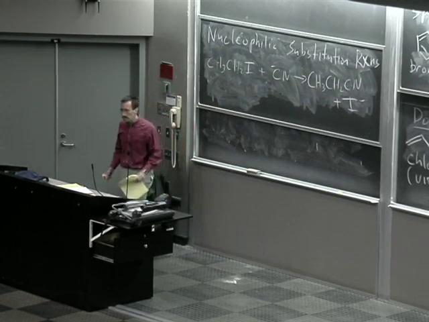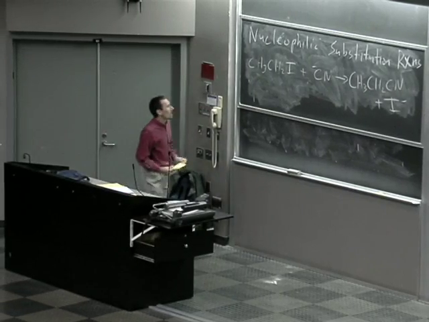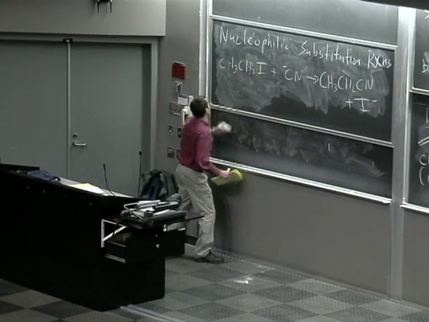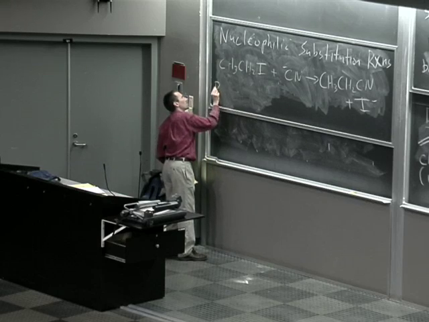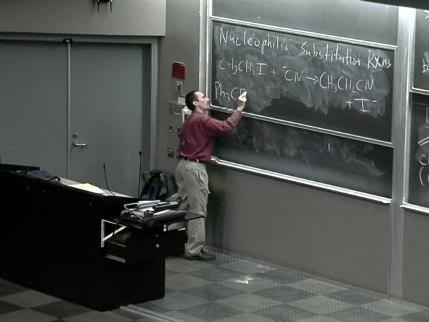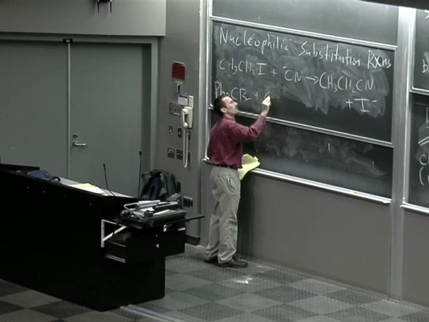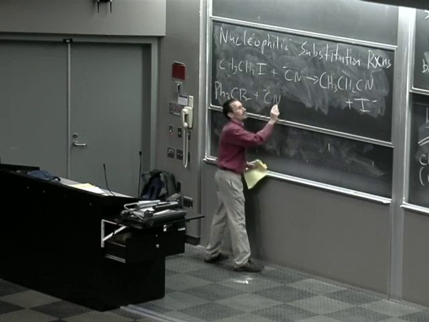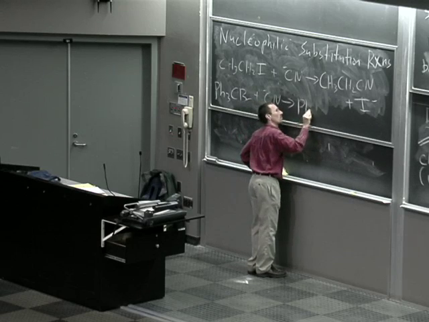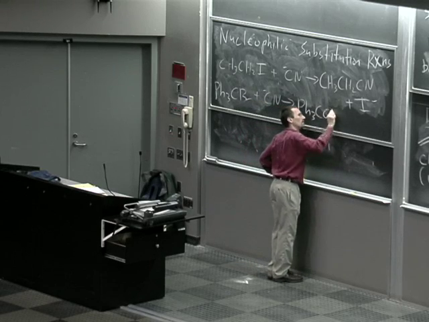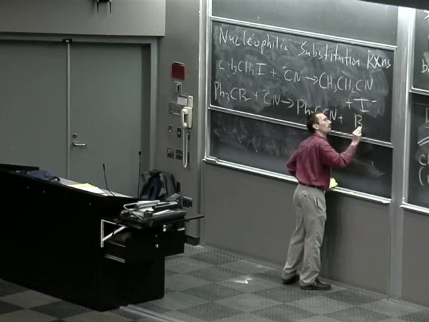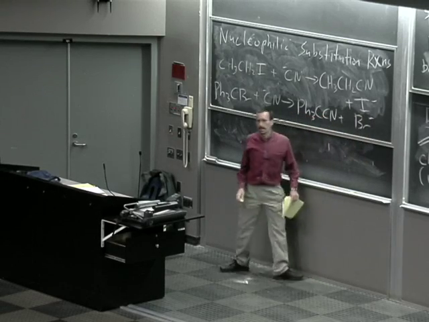And the related example that I wrote of triphenylmethyl bromide, bromotriphenylmethane, reacting with cyanide anion, giving us the corresponding nitrile plus bromide.